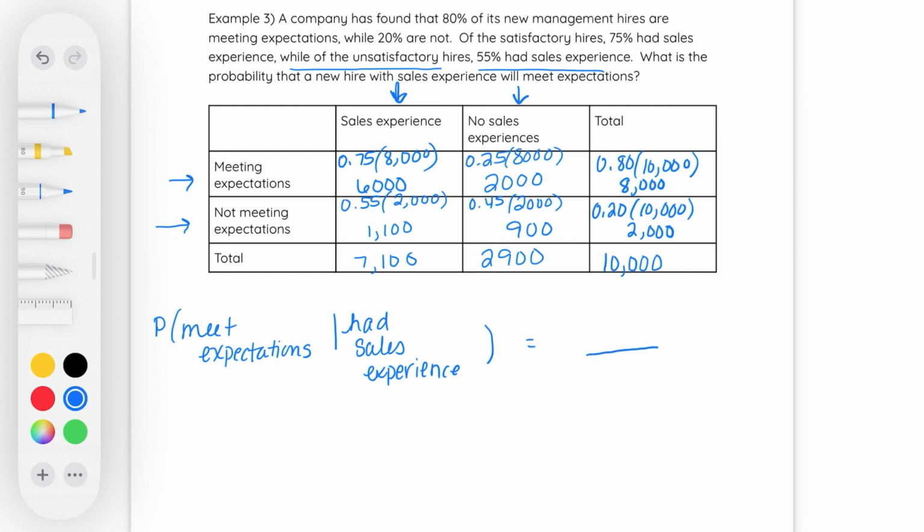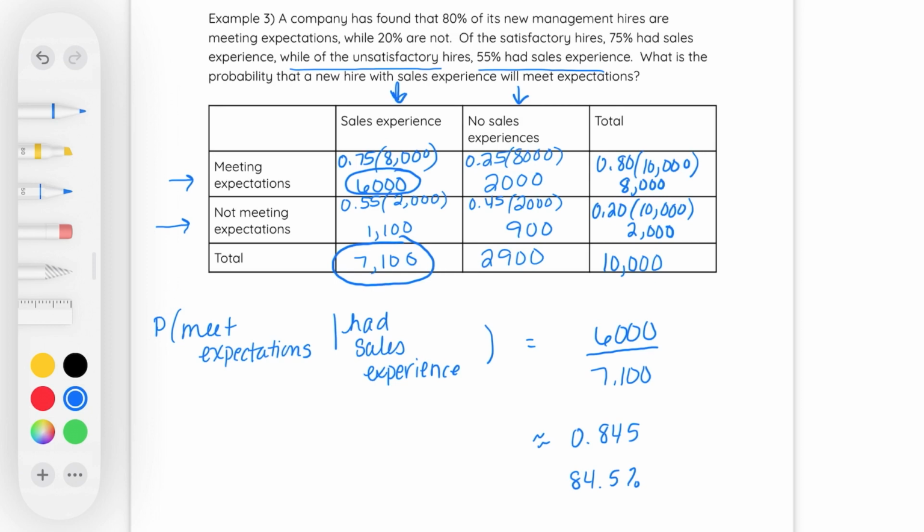So given that they had sales experience, did they meet the expectations? And this will give us approximately 0.845, or about 84.5% of new hires with sales experience will meet expectations.